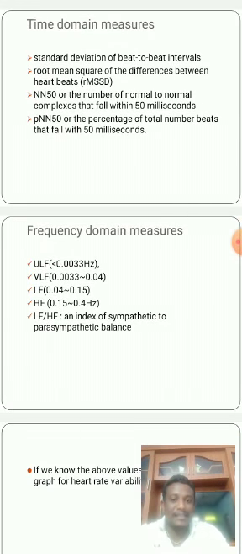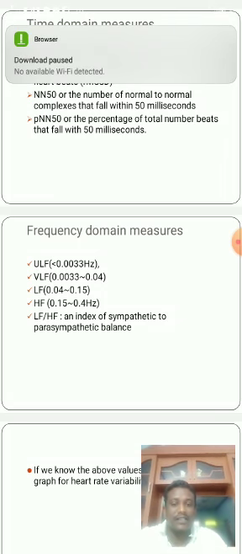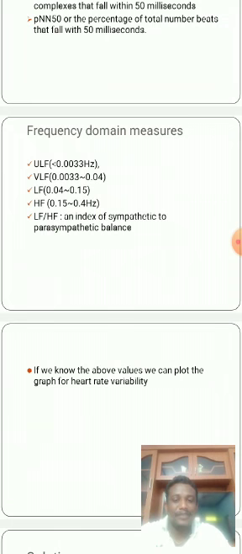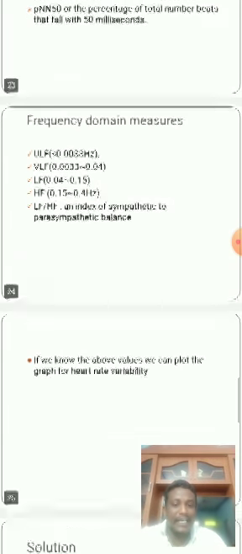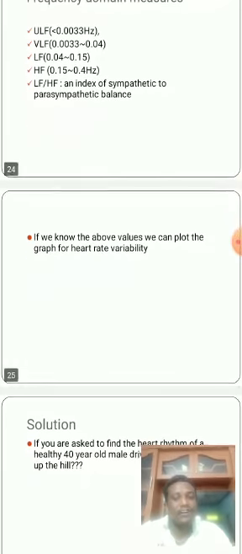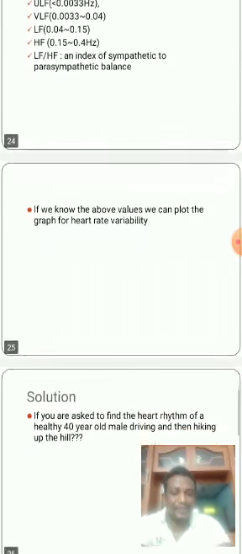Also, frequency domain measures include ULF, less than 0.0033 Hz, and so on. Here it is given in the slide. So, if we know the above values, we can plot the graph for heart rate variability.